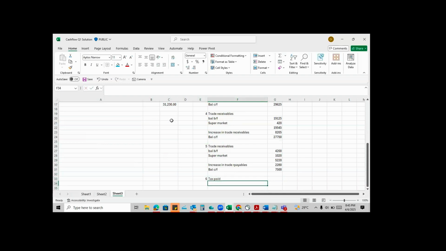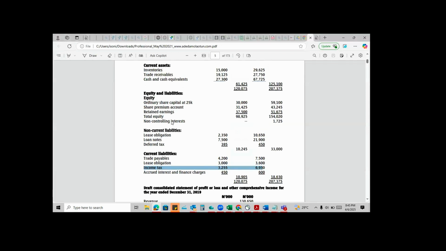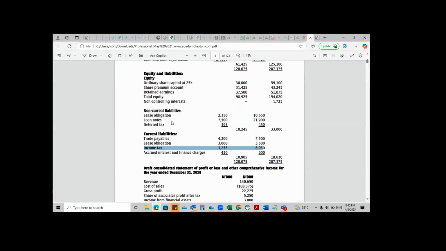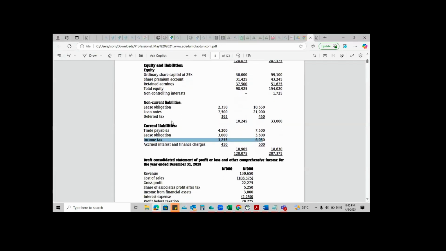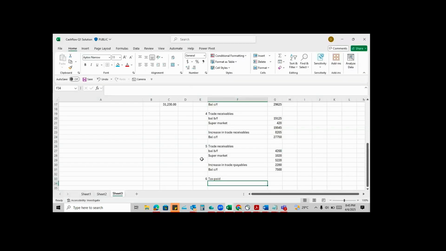How much is the tax paid? Now, also for tax, be careful. Yes, the question has deferred tax and it also has current tax. So deferred tax is usually here under non-current liabilities, and then you're going to see it again under current liabilities. All right, let me just pick up the balance brought forward. Balance brought forward for deferred was how much?